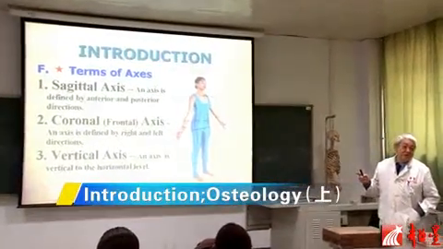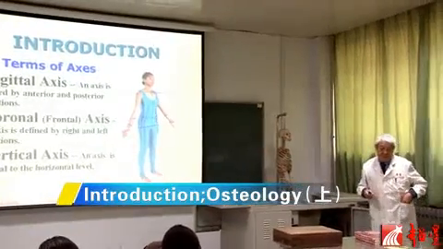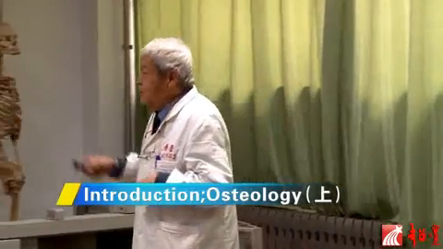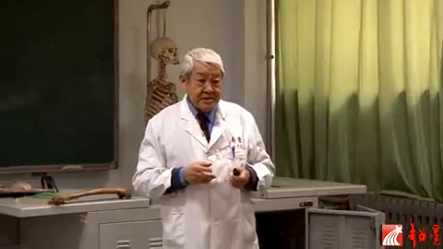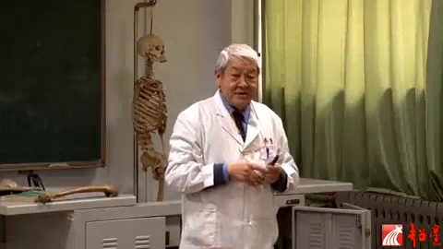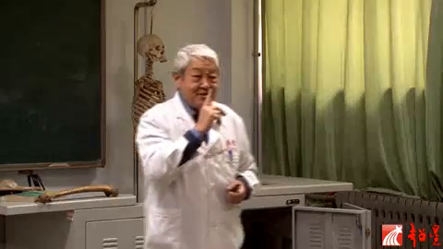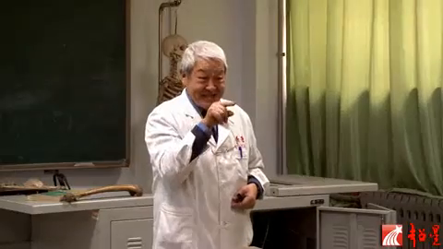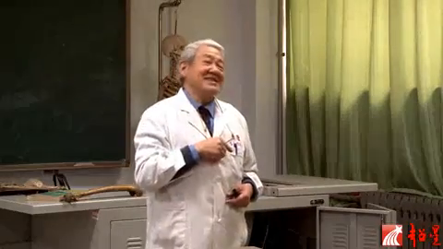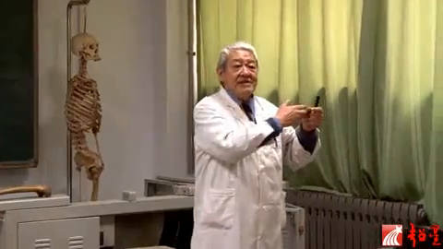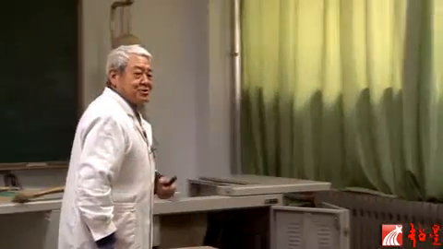Then the second important thing is the terms of axis. In our body, we can divide into three axes. One is the sagittal axis. The sagittal axis means the anterior-posterior direction. Just like this. Look, my head, just according to this axis. Then the second is the coronal or frontal axis, the left and right direction, such as my shoulder joint.